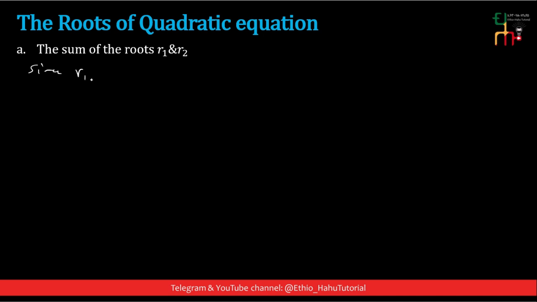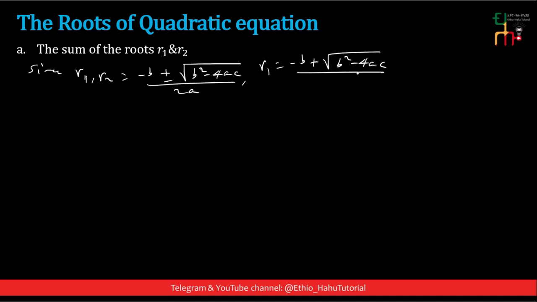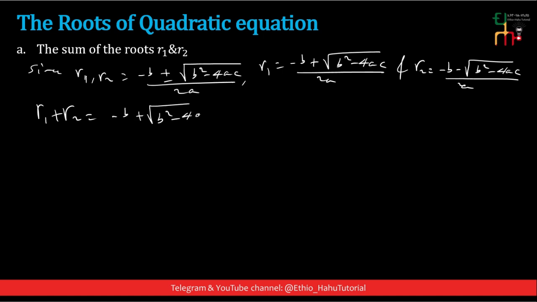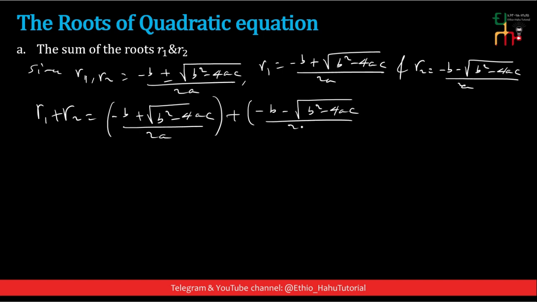Since r1, r2 is equal to minus b plus or minus the square root of b squared minus 4ac over 2a, this means r1 is equal to minus b plus the square root of b squared minus 4ac over 2a, and r2 is equal to minus b minus the square root of b squared minus 4ac over 2a. r1 plus r2 is simply the sum of these two roots: minus b plus the square root of b squared minus 4ac over 2a, plus r2, which is minus b minus the square root of b squared minus 4ac over 2a.